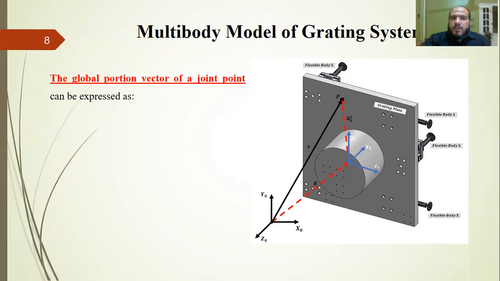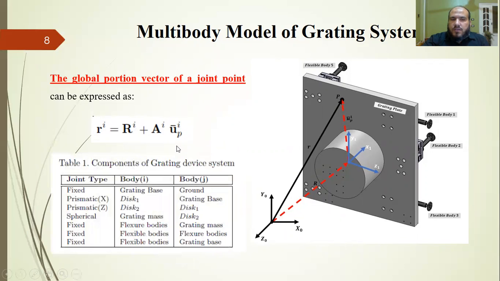To derive the equation of motion, the constraint equation, we first define a point in the grating mass. It can be defined with respect to the local frame and defined with respect to the global frame with this equation, where A is the transformation matrix, a function of the generalized coordinates.